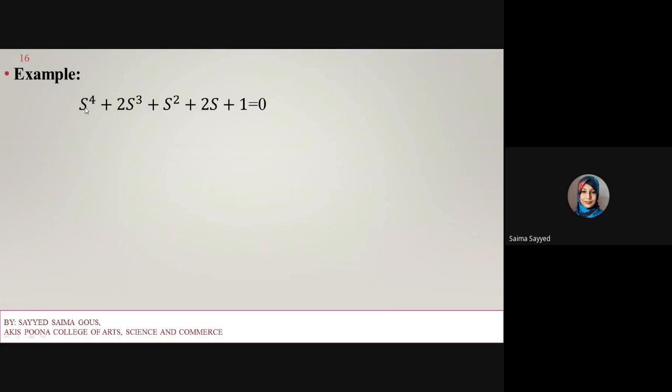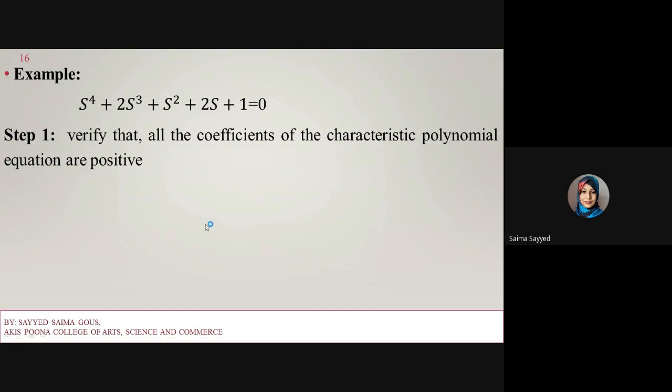This is my characteristic polynomial equation: s^4 + 2s^3 + s^2 + 2s + 1 = 0. First step, we have to verify that all coefficients are positive. Here all coefficients are positive.